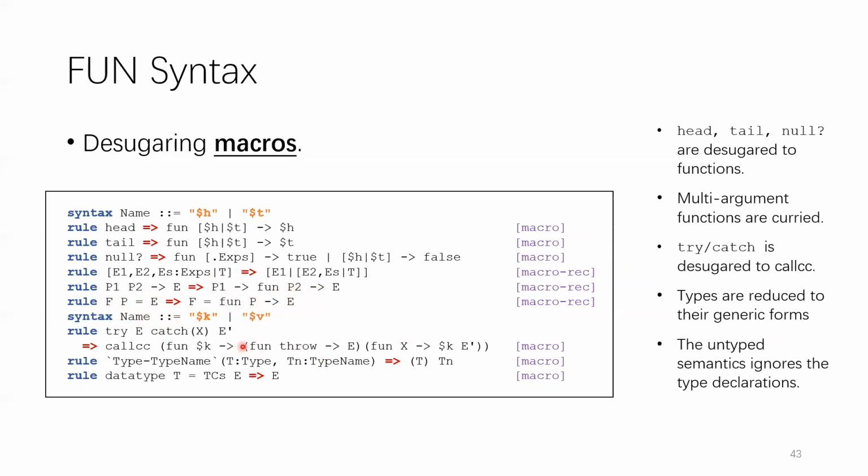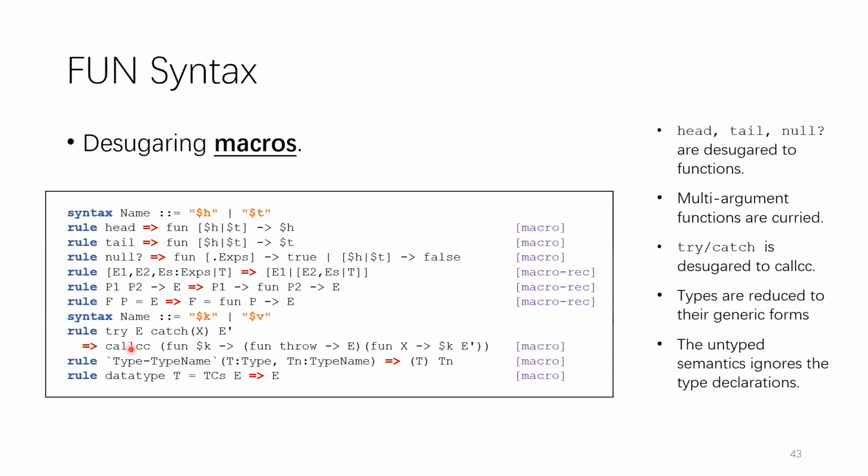So it's also a syntactic sugar. Now let's see how we can define try-catch using callcc. Recall that the semantics of try-catch is to evaluate try, and whenever we see throw, we jump back to catch. If we don't see a throw, we'll finish the evaluation normally and keep going. So to evaluate try E, catch X, E prime, we'll call callcc.